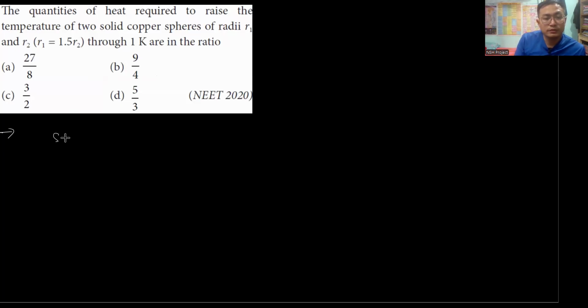Now S is equal to delta Q by delta T, the heat required.